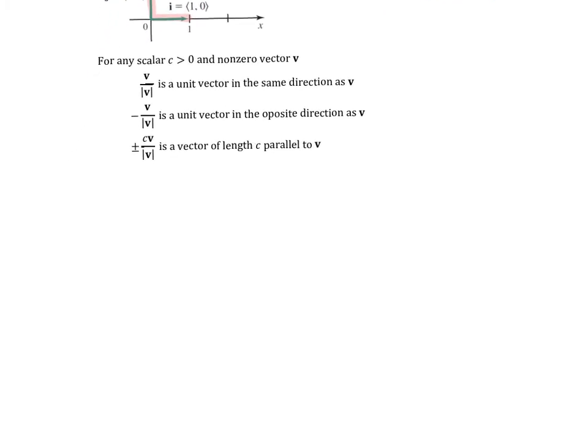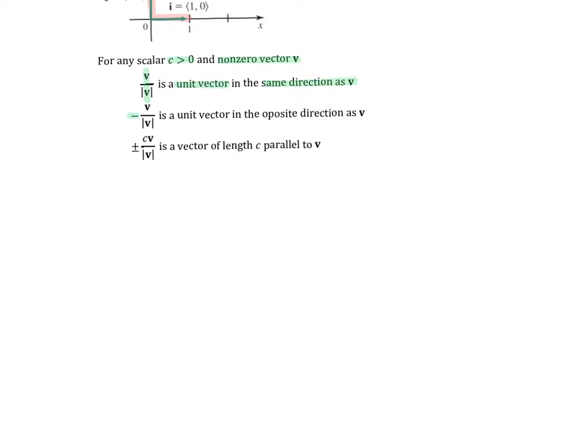So here are some properties with unit vectors. If we have some positive scalar and a non-zero vector v, if we take that vector and we divide it by its magnitude, we'll get a unit vector, and it's going to go in the same direction as our vector v.